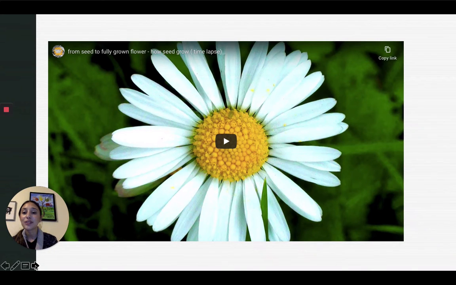It is really cool to see how quickly this video shows the stages of a flower, because usually we have to wait a really long time to see a flower grow, and this helps us see everything that happens in the soil till the flower blooms and we can see its really pretty petals. So I really enjoy this video, so I'm hoping that you guys like this video as well.